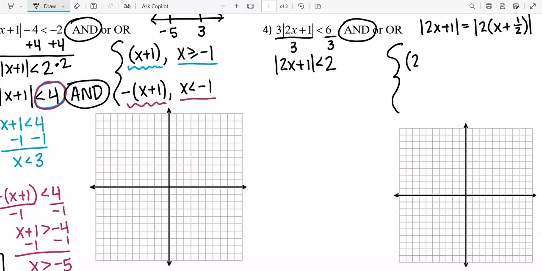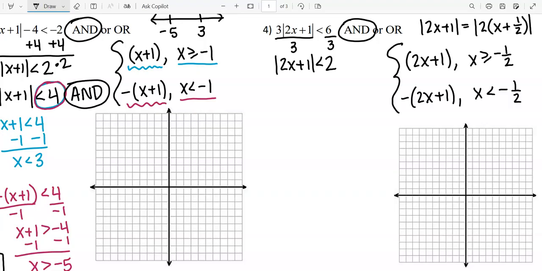So this will be 2x plus 1 for all the x's that are greater than or equal to -1/2, and negative times 2x plus 1 for all the x's that are less than -1/2. We didn't have to switch the arms because there's no negative on our x.